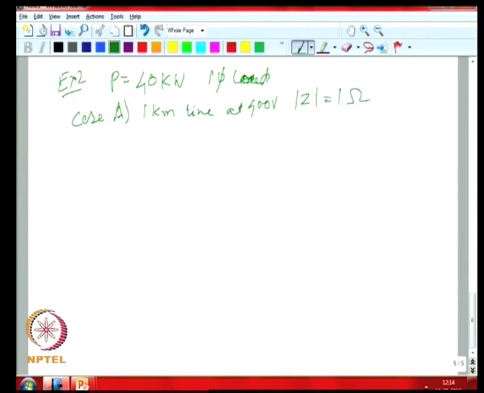Okay. So, we may define your V base as 400, I base would be 100 amps, because P is 40 kilowatts. So, your Z base is 4 ohms.